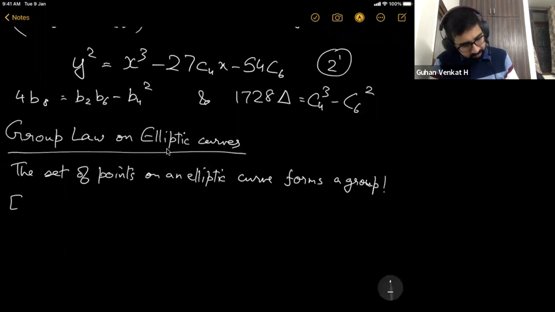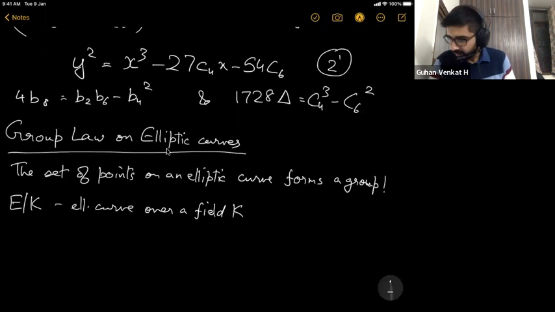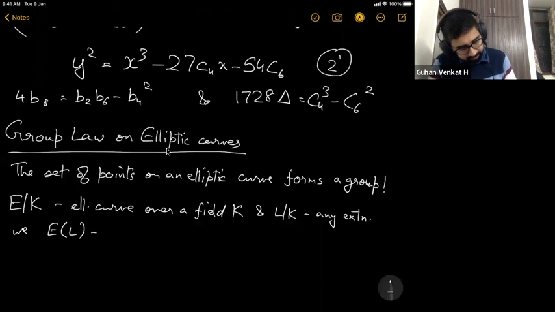Suppose E over K is an elliptic curve over a field K. For any extension L of this field K, we shall denote by E of L the set of L-rational points on the curve.